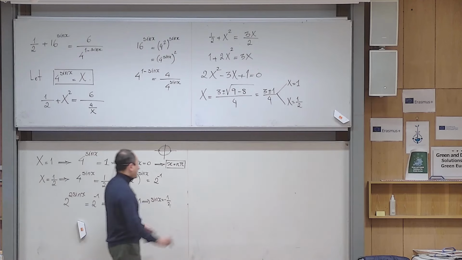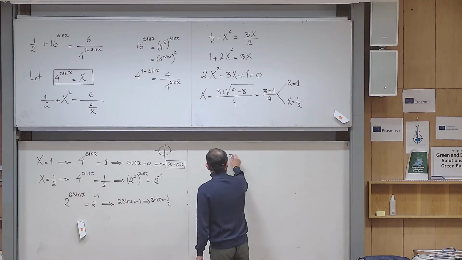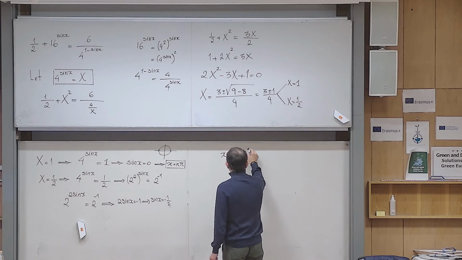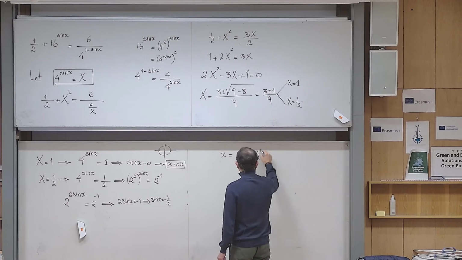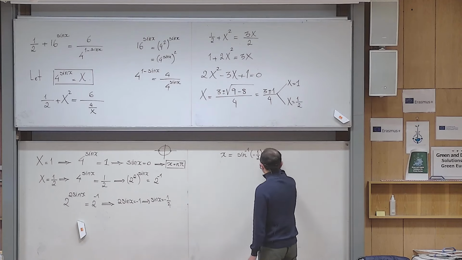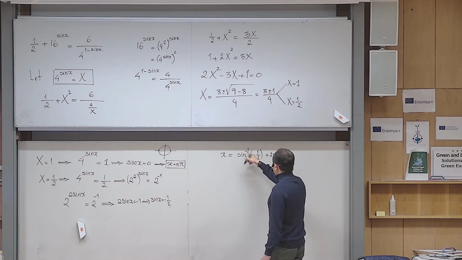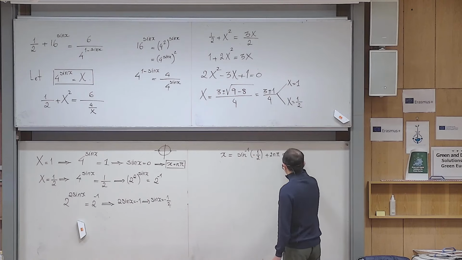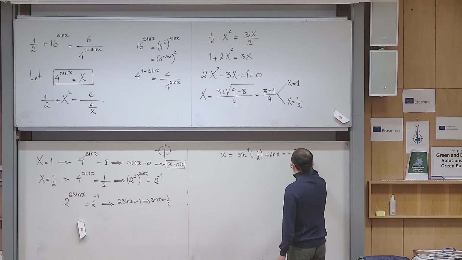And we know that X is equal to sine inverse of -1/2 plus 2n pi, which of course is minus pi over 6, and then I have plus 2n pi.